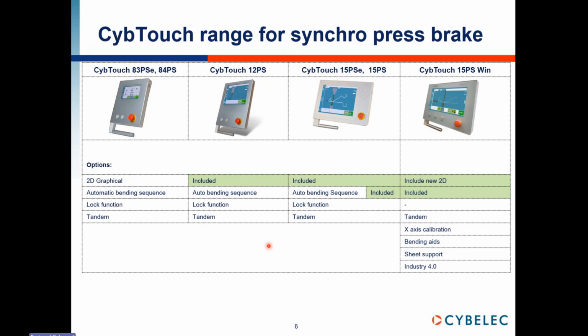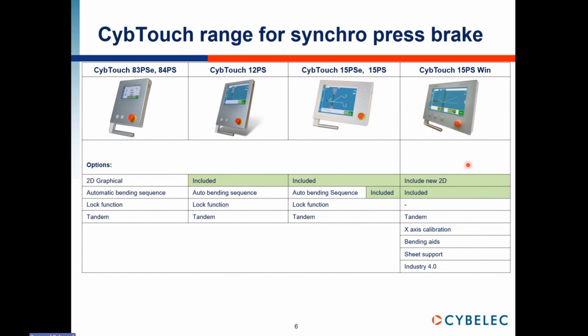The different options. So you have 2D graphical. It's optional with CybTouch 8, but it is included in CybTouch 12 and 15. And with 15 PS Win, you have the new 2D with more improvements.